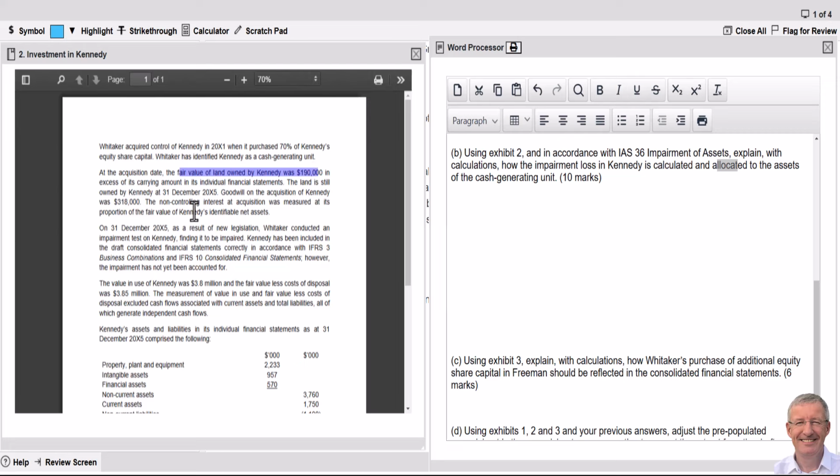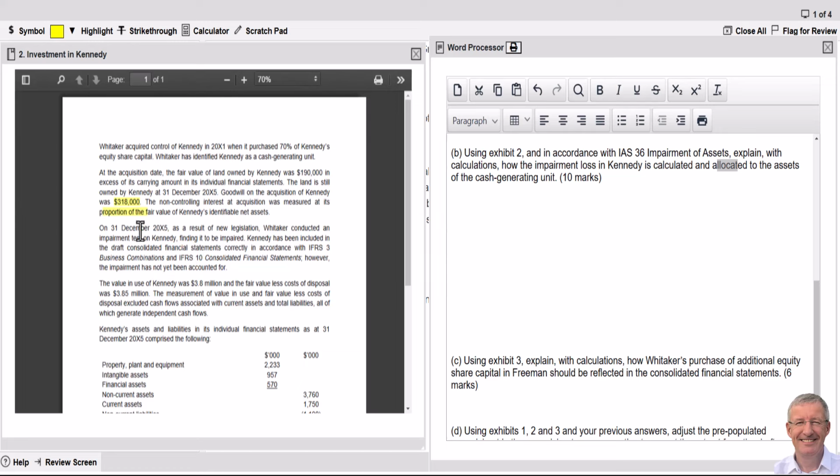It's still owned. The goodwill on acquisition was 318. And we know that it's measured as a proportion of the net assets. So when we come to do the impairment review, we're going to have to do that notional grossing up.